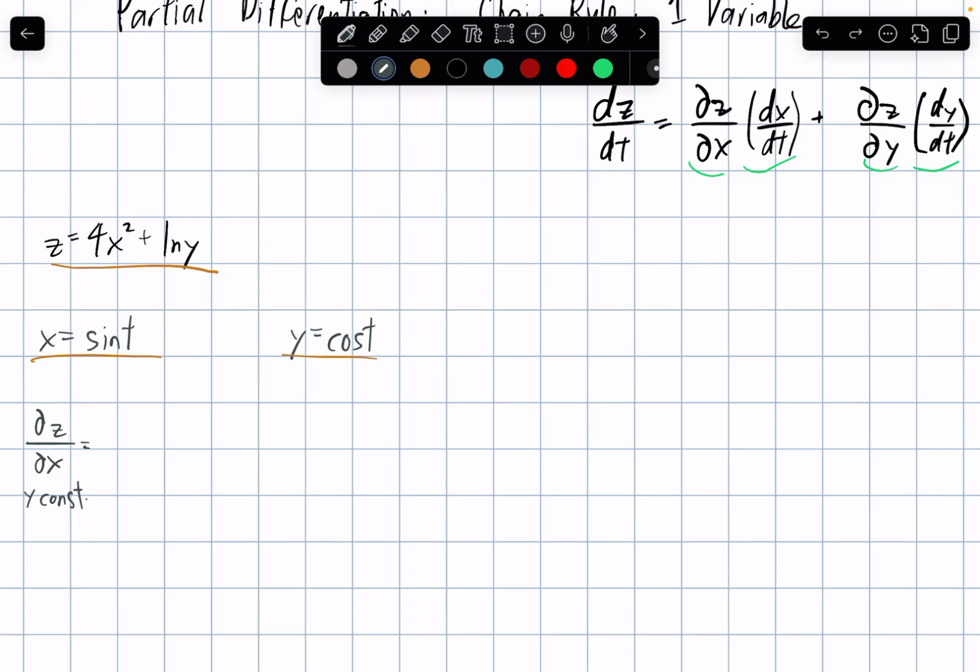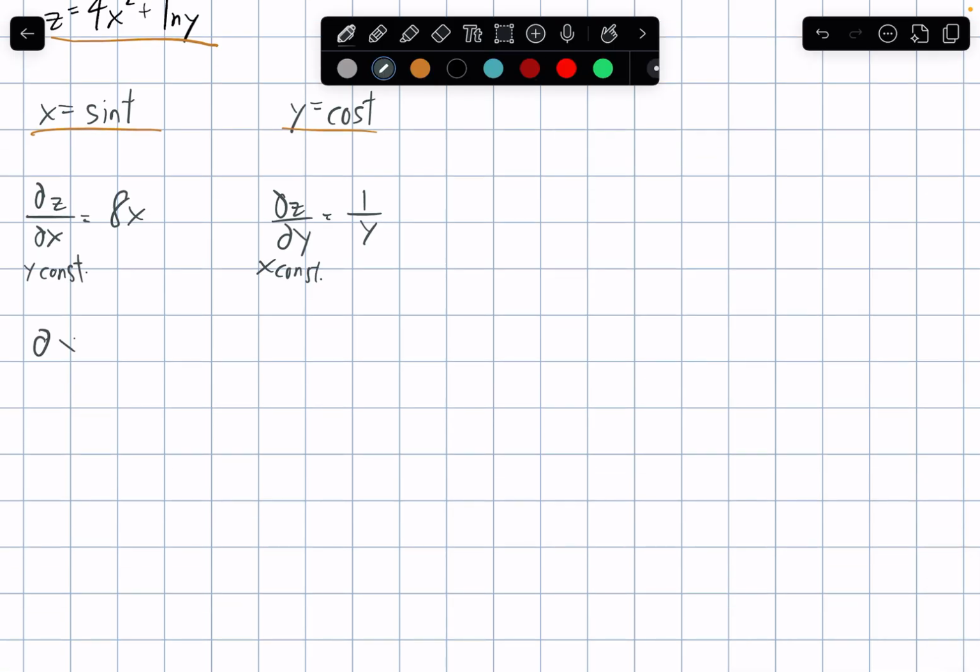So we're going to have 8x. The ln y is going to be 0. So just 8x. Partial z over partial y, we're going to consider x as constant, so 4x squared is going to be 0, and ln y becomes 1 over y.